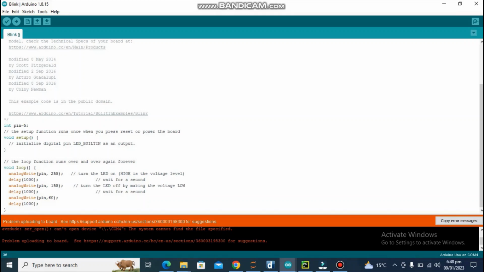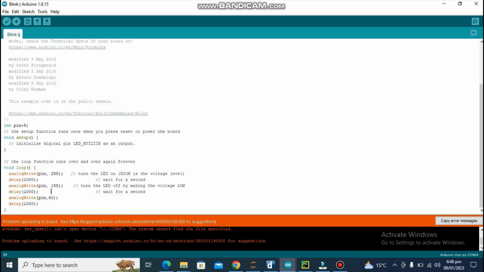And after this 1 second, this loop basically comes back here, again maximum voltage for 1 second, after this decreased voltage for 1 second, and after this more decreased voltage for 1 second, and the cycle continues.